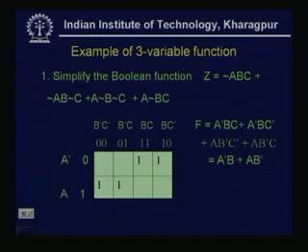Now, if we draw the Karnaugh map, there will be 2 rows and 4 columns, because it is a 3 variable function. So, it has 2 to the power 3, meaning 8 min terms. Out of these 8 min terms, there are only 4 min terms present in this particular function.